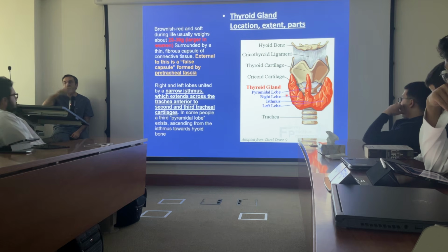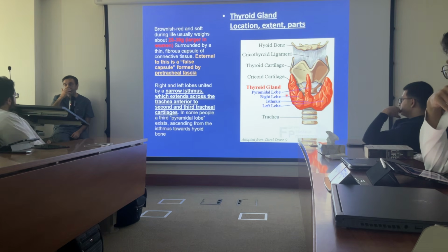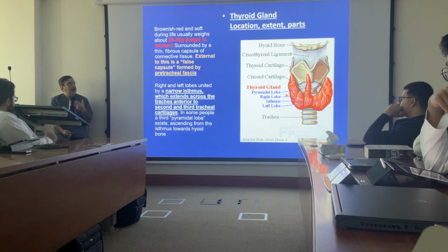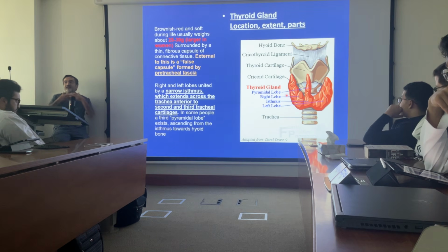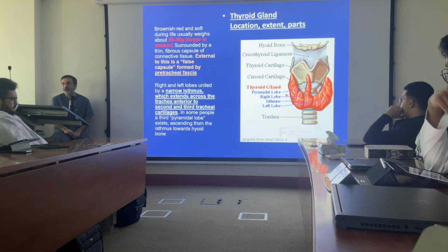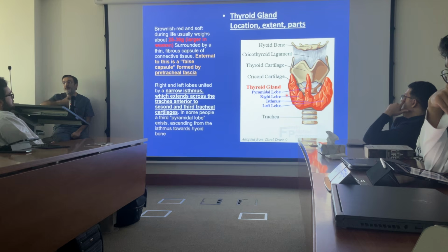If it is moving up and down with swallowing, this means that this is a thyroid enlargement or thyroid goiter. So the importance of the pretracheal fascia is that it is covering the thyroid gland and attaching it to the trachea. So when the trachea and the larynx move up during swallowing, the thyroid is going to move up and down with it.